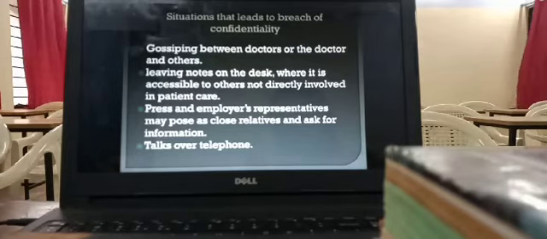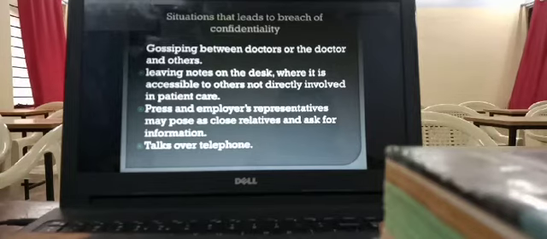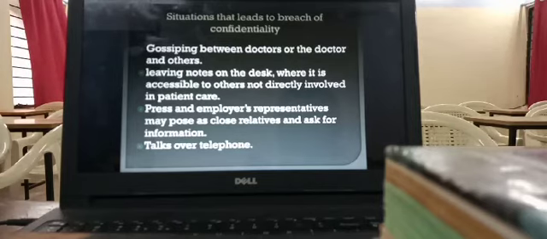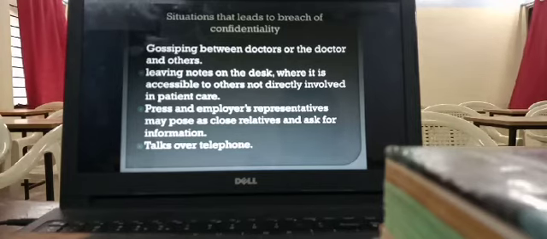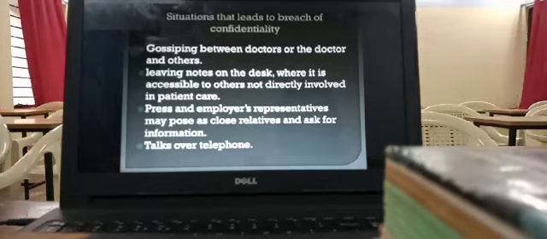Sometimes in case of VIPs, or if somebody wants to know about a special person's information, the press can approach us, or the patient's relatives who are very keen to know what is happening to the patient can approach us. In that case, we are not supposed to release the information, but there is a risk of releasing information due to certain carelessness.